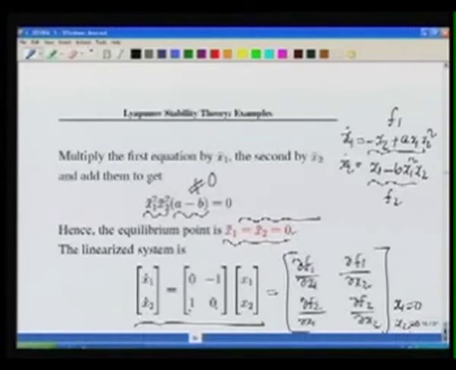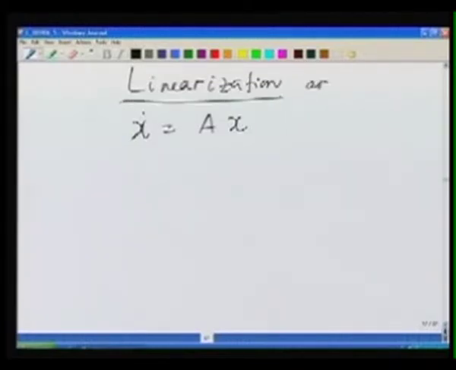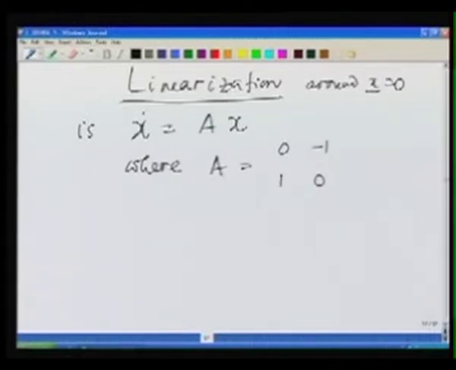So, what did we find out? The linearization around x equal to 0 is x dot equal to A x, where A is [0 minus 1; 1 0].